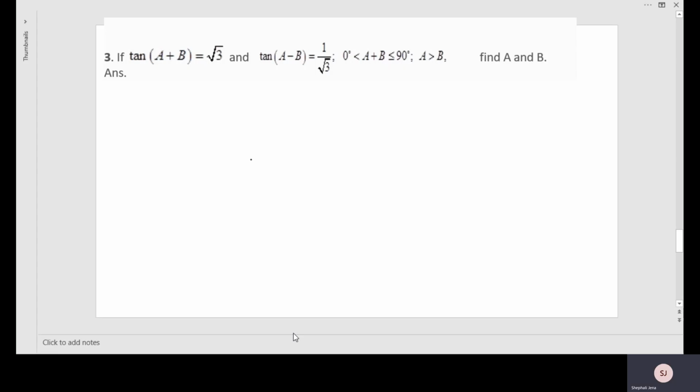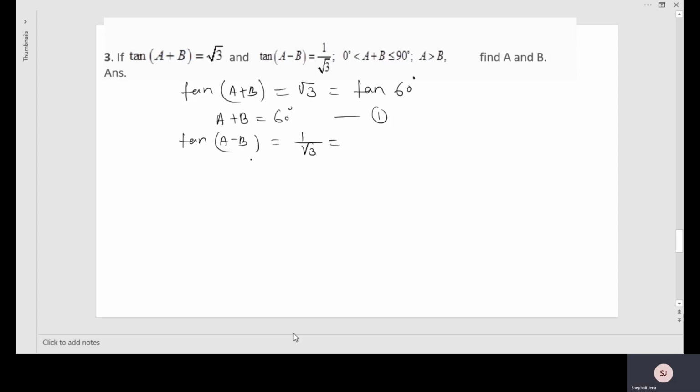Now tan a plus b is root 3. That means root 3 is the value of tan of what? 60 degree. Correct. So a plus b is 60, equation 1. Like that, tan a minus b is 1 by root 3, that means tan 30 degree.